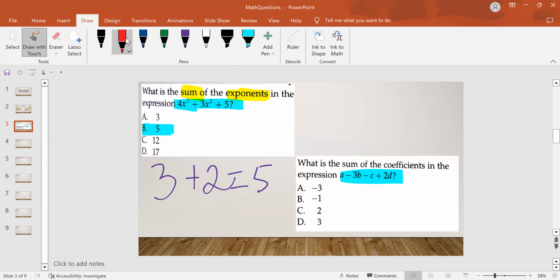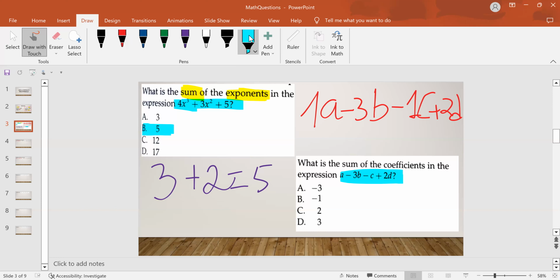So it's like we have 1A minus 3B minus, again, 1C plus 2D. So the coefficients here are 1, -3. We take it with the sign, so that is very important. -1, again, -C means -1 multiplied by C, and the +2.